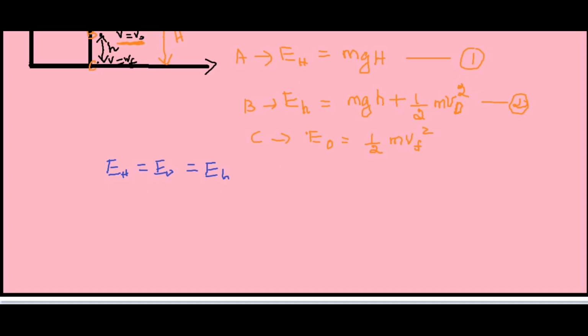So I'm going to take the first case. What is the first case we are considering here? E_H is equal to E small h. So as a result, E capital H is going to be mgH, that is equal to E small h, which is mgh plus half m v0 squared, where m is common all around, so it will get cancelled.